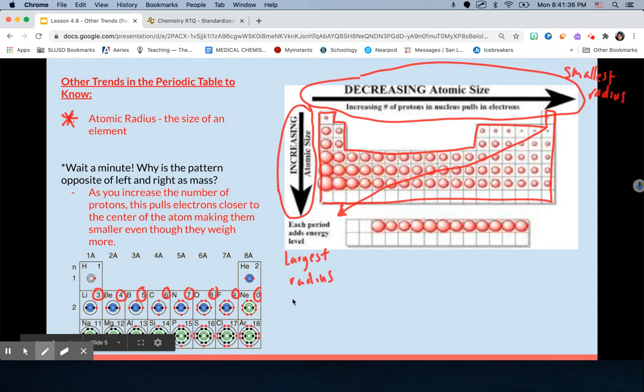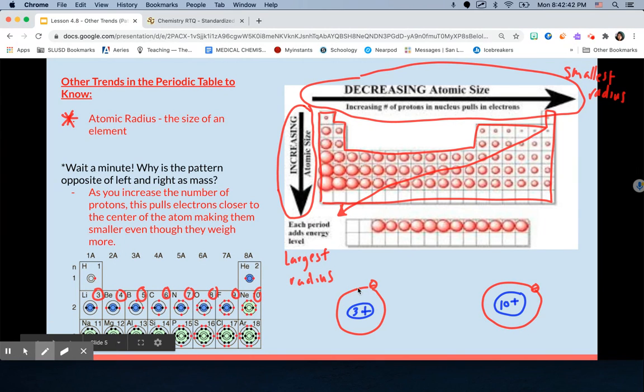My number of protons, or the stuff that makes up my atoms, is actually getting bigger going from left to right. So if I'm having more stuff, you might be wondering, wait, why is it going smaller from left to right then? That doesn't really make sense. Let me explain why that is.